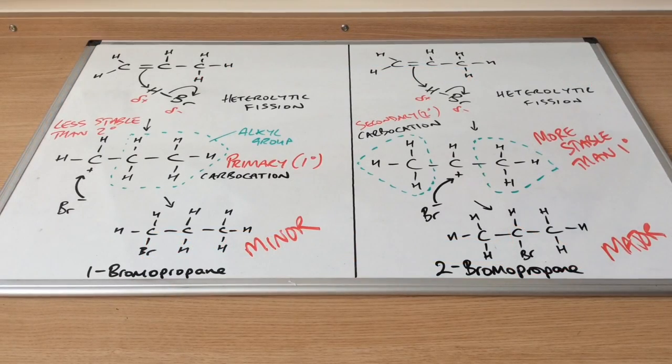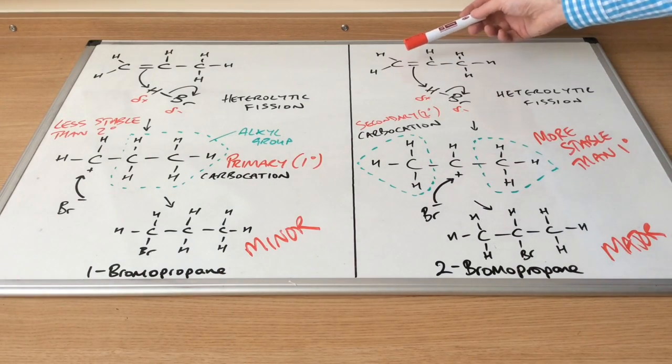And just finally, if we go back to the mechanism one last time, there's a nice easy trick you can remember to establish which one's going to be the major and minor product. When you've got electrophilic addition to an unsymmetrical alkene like propene, the hydrogen prefers to go to the carbon that has the most hydrogens attached.